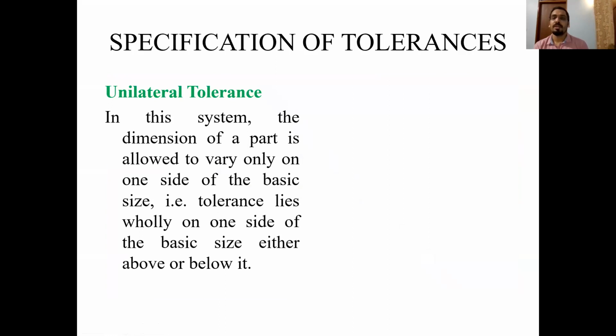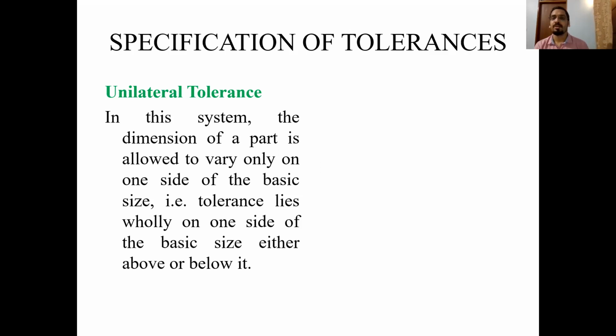A tolerance is defined as the difference between the upper limit and the lower limit. Let us suppose we have a shaft of 50 mm and we have placed the tolerances as plus 0.02 at the upper side and minus 0.02 at the lower side. So what is the upper limit in this case?